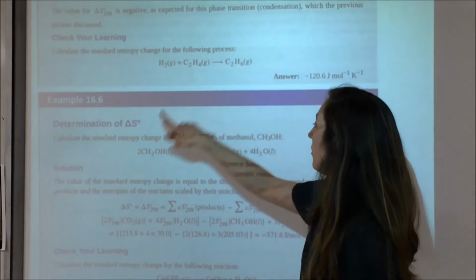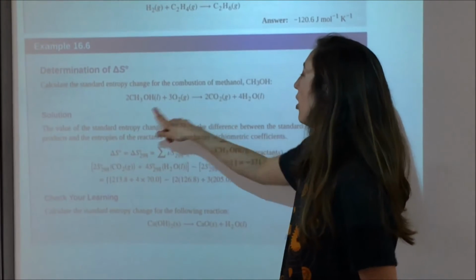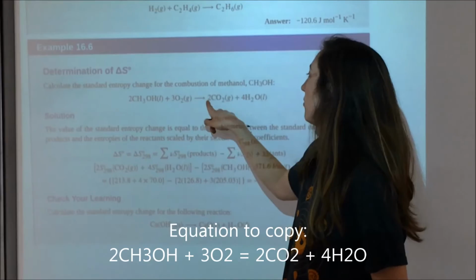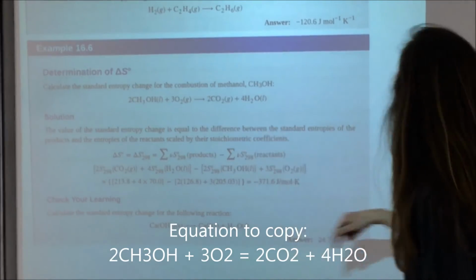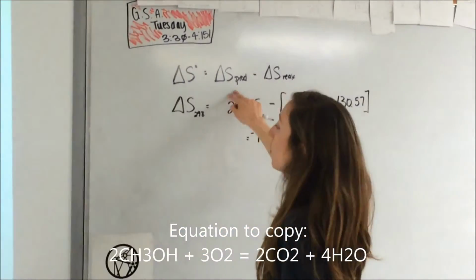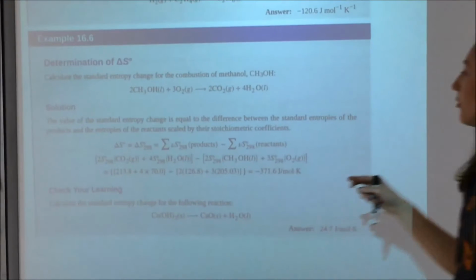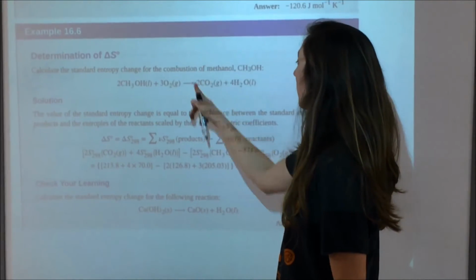That one was the first, and this is the second one we're going to do. Notice there are coefficients in this one, so it's going to be the exact same process, the exact same equation, but this time we will have to multiply by coefficients. So let's start with the products over on this side.